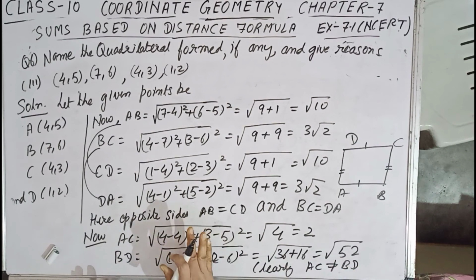Therefore, ABCD is a quadrilateral in which opposite sides are equal but the diagonals are unequal. Therefore, ABCD is a parallelogram.